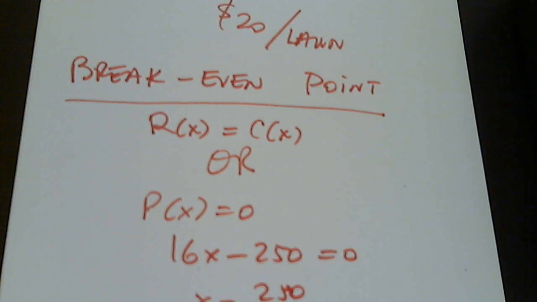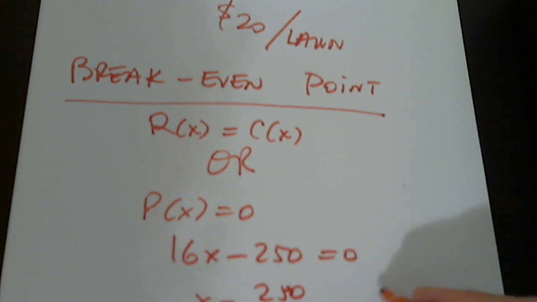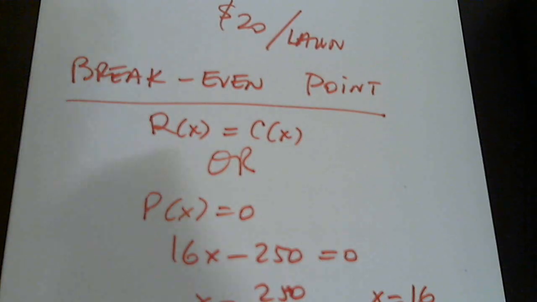So he needs a minimum of, we have to round it up, 16. So x equals 16. After that, he will start making money. When the profit is 0, and afterwards, he is starting making money.